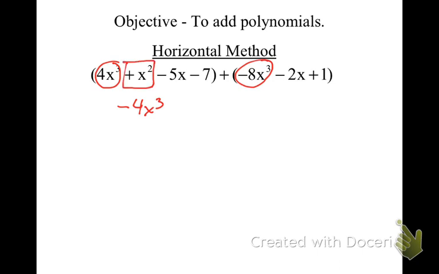X to the second doesn't have a matching term, so we'll just write down plus x squared. And then I have minus 5x and minus 2x. That makes negative 7x. And then, of course, we have our constant term, negative 7 and positive 1, which makes plus 6. This is what we call the horizontal method.